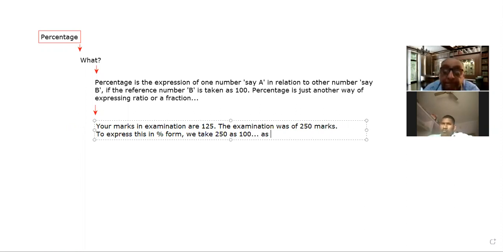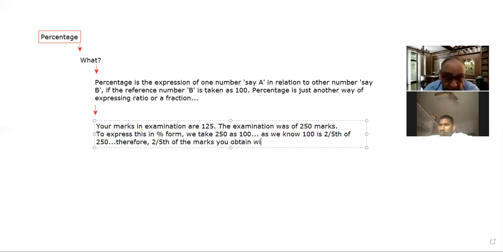As we know, 100 is 2/5 of 250. Therefore, 2/5 of the marks you obtain will be your percentage marks, right?